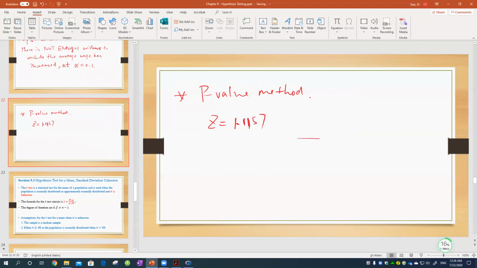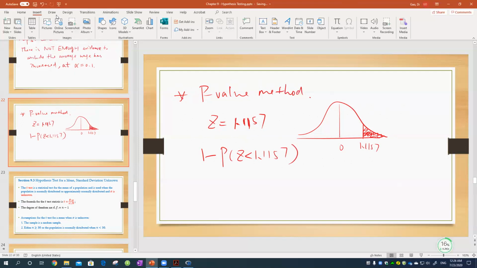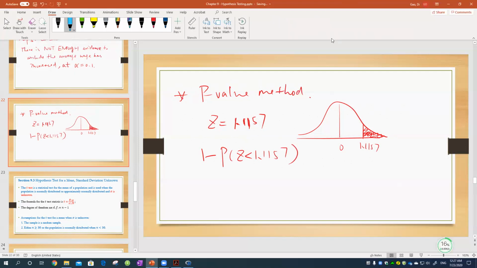And then we're looking at a probability of 1.1157 or more. So we want to know this probability, the shaded area. And then actually we want to calculate 1 minus the probability of z smaller than 1.1157. So if we can calculate that, then the value is obtained. So you got this area, which is 1 minus the shaded area.